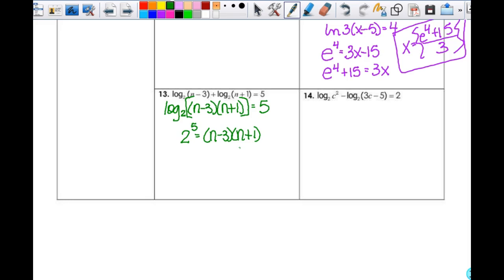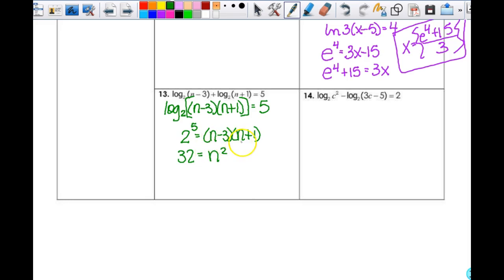So what's 2 to the 5th power? 2 times 2 is 4, 8, 16. 2, 4, 8, 16, 32. Okay, 32. Equals. All right, so when I multiply this, n times n is n squared.